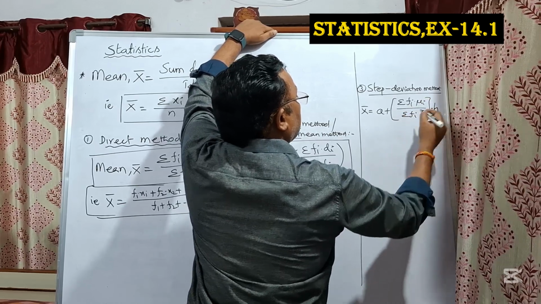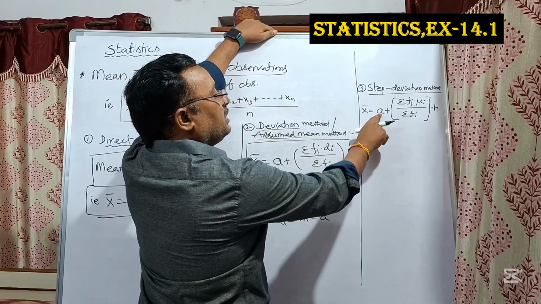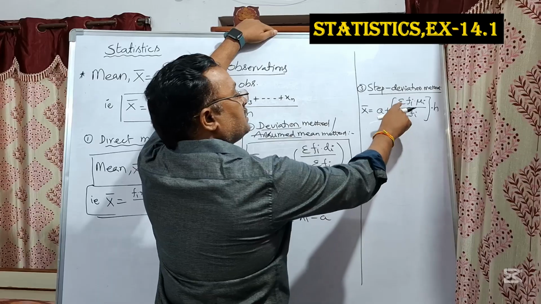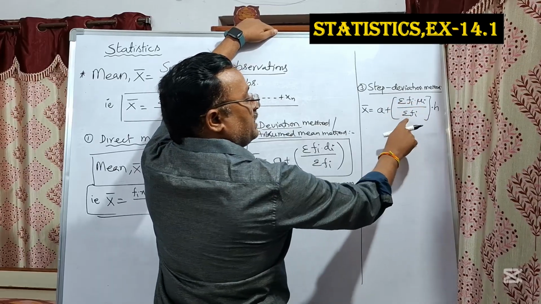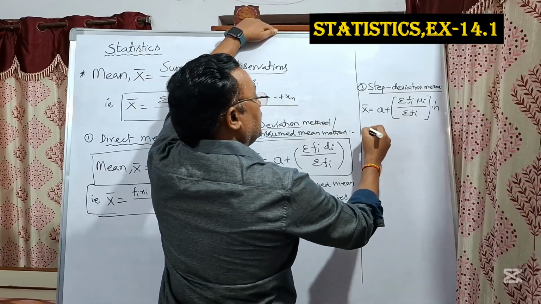So x bar is equal to a plus sigma fi ui by sigma fi into h. What are the terminologies here?